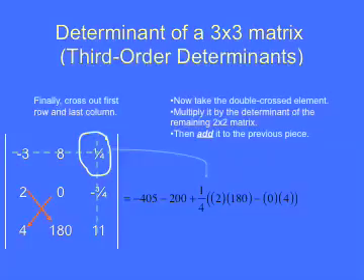The second calculation gave us a 200, and we subtract that from the -405. Now we're going to add our double-crossed item, 1/4, times our determinant, 2 times -180 minus 0 times 4. When we calculate this all out, we get a result of -515.